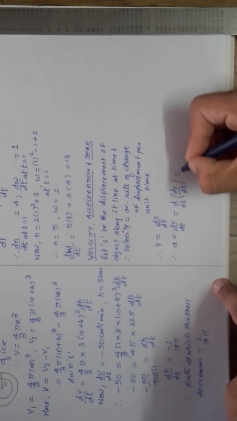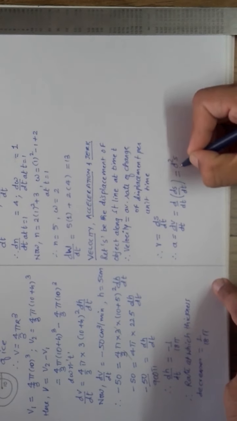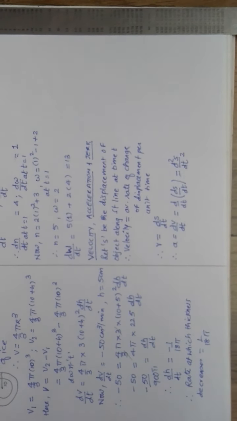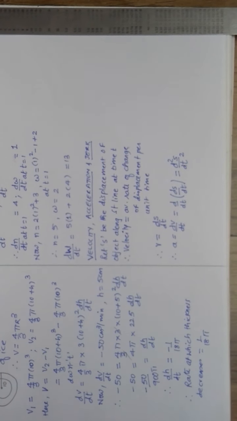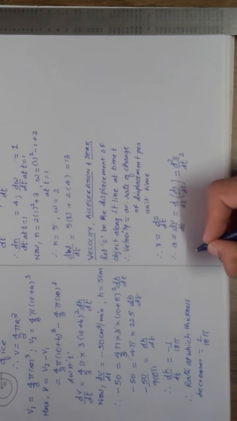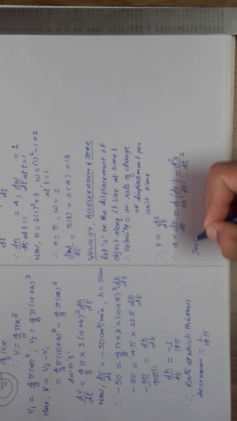So in short it is d square s by dt square, that is the second derivative, and the average rate of change of acceleration per unit time is called jerk.